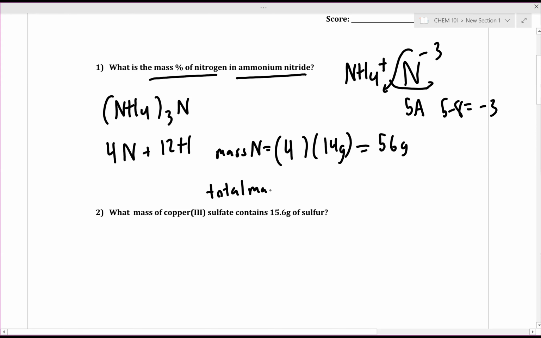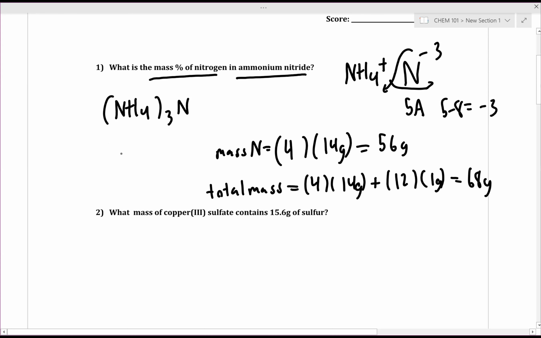So our total mass is equal to the mass of nitrogen, which is 4 times 14, plus the mass of hydrogen. How many hydrogen atoms do we have? 12. So we have 12 times 1 to follow the same consistency. So adding 12 to our total gives us a total mass of 68 grams.